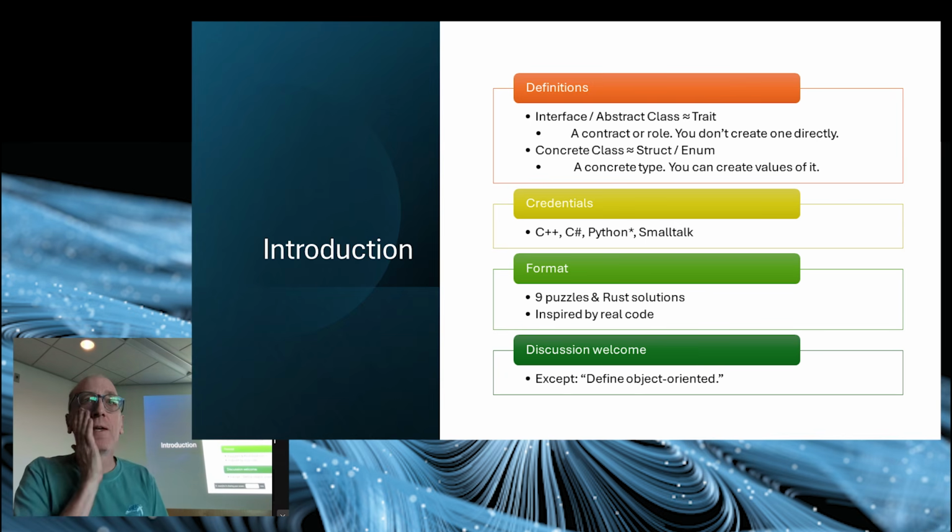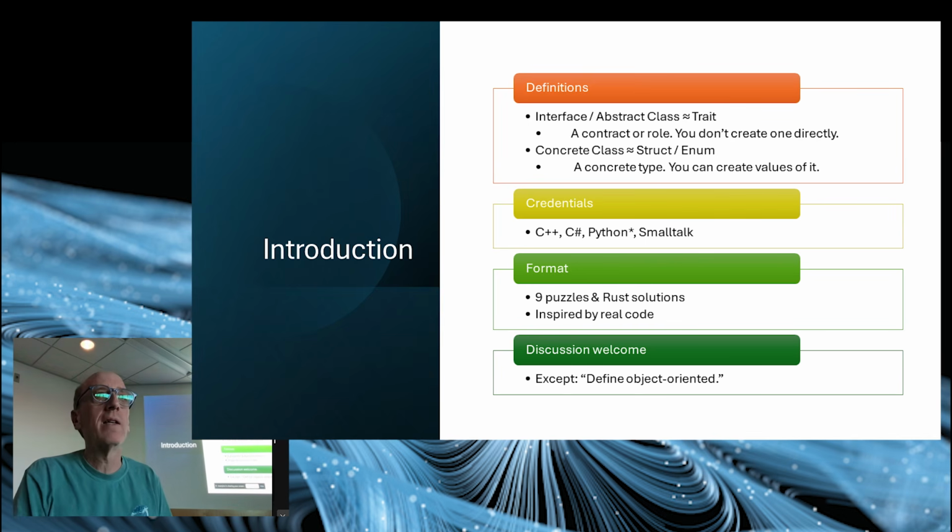Let me go over some definitions because I'm going to be a little loose with vocabulary. When I say interface, if you're familiar with languages like C#, that's equivalent to what C++ calls an abstract class. Those are roughly equivalent to what Rust calls a trait. A trait is a contract or a role.